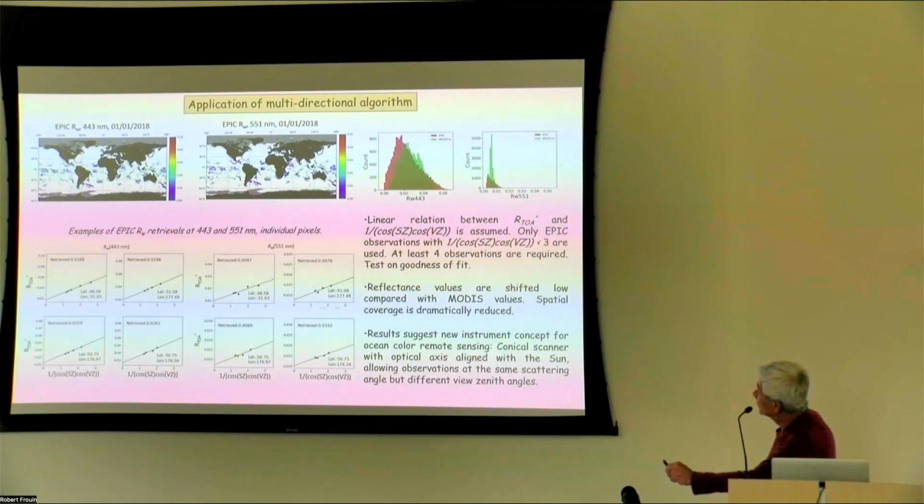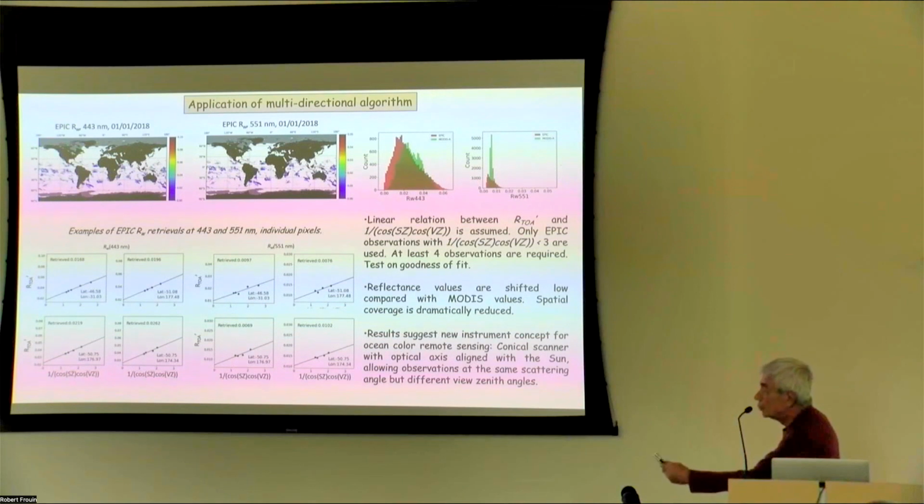Just a linear relation between this RT prime and the predictor is assumed, and only EPIC observations with the predictor less than 3 are used, to diminish the impact of nonlinearity, and at least 4 observations are required. There is also a test on the goodness of fit. So if you have all these conditions, you have to eliminate many observations, and this is why you have a small coverage.